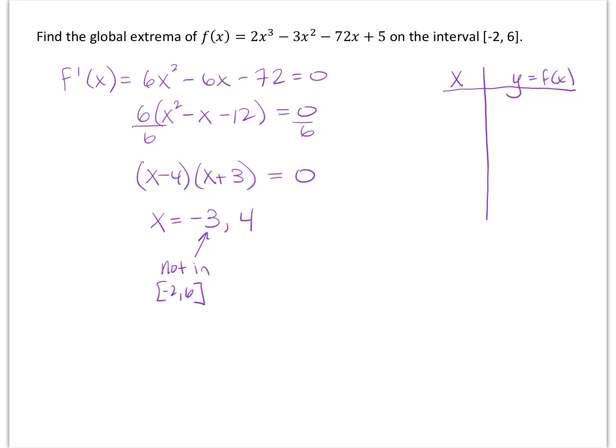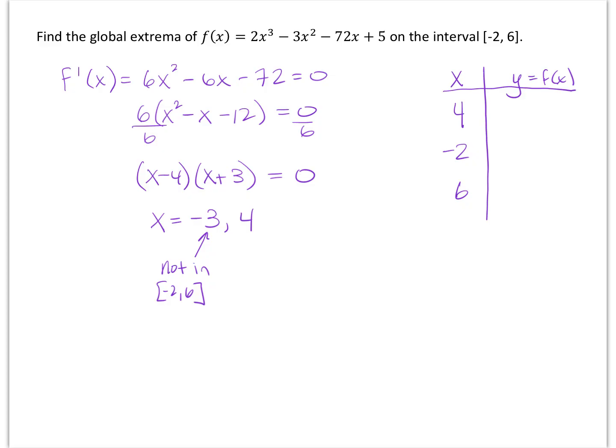And I want to put in critical values and endpoints. So critical value of 4, I'm not going to put in the critical value of -3 because it's not in the interval I'm interested in. And then I'm going to put in my two endpoints, -2 and 6. And then plug in. I just want to get y values for each of these x values.